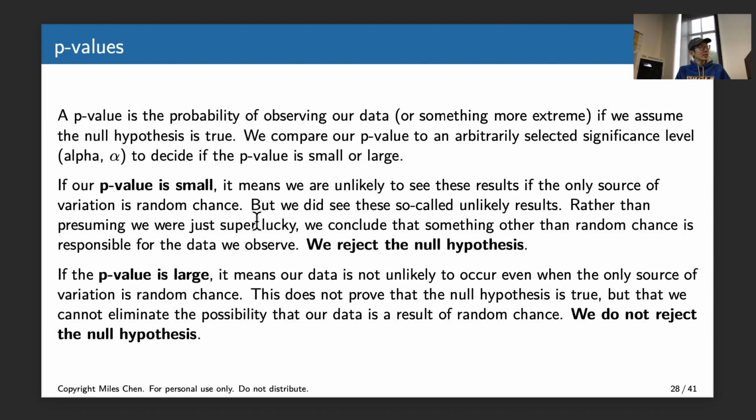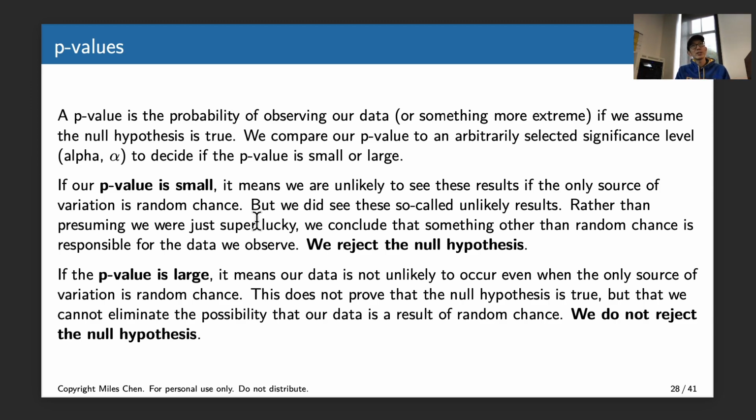But I did get this data. So how could that be? Well, the only way is either the null hypothesis is true and this really remarkable circumstance happened, this strange set of coincidences produced this so-called nearly impossible data, or perhaps the easier explanation is the null hypothesis isn't true and therefore I'm getting this data.